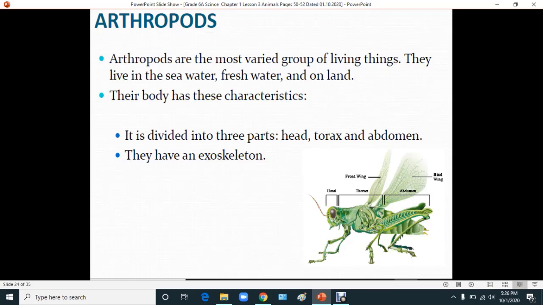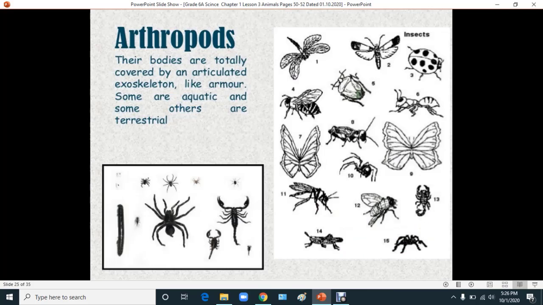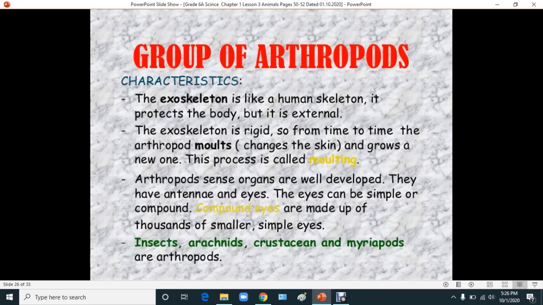They have an exoskeleton, as you can see from this picture: their bodies are totally covered by an articulated exoskeleton, like armor. Some are aquatic and some others are terrestrial. You can see this kind of arthropod animals here.